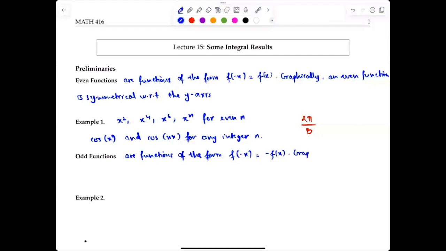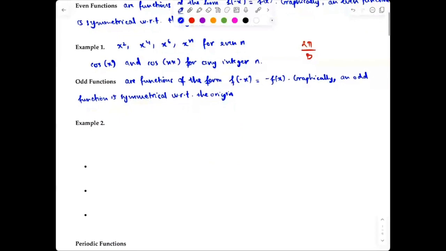Graphically, an odd function is symmetrical with respect to the origin. Some odd functions that you have seen many times already are the linear function x, the cubic function x cubed, the power function x to the 5th power, or in general x to the power n for odd integer n.